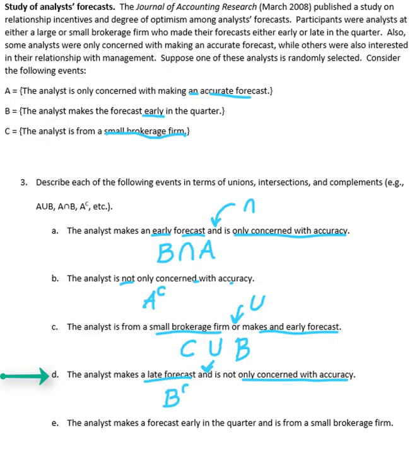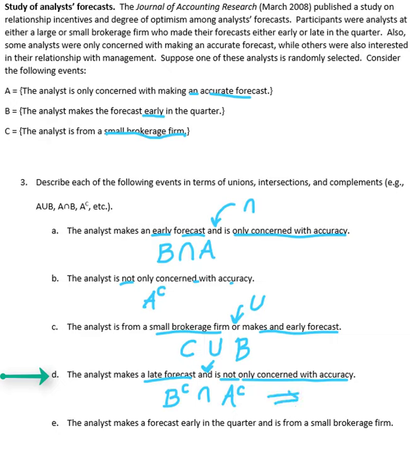So the complement of B would be late forecast. And tells us that it will be the intersection. Only concerned with accuracy is event A. This says not only concerned, so we better make sure we use our complement. So this is one way that we could write this statement.